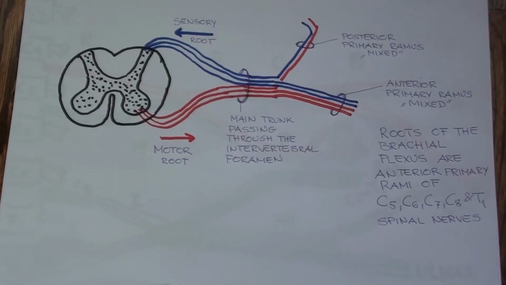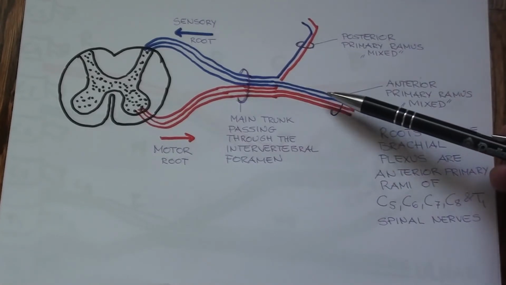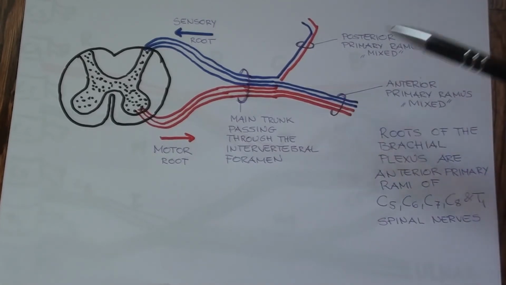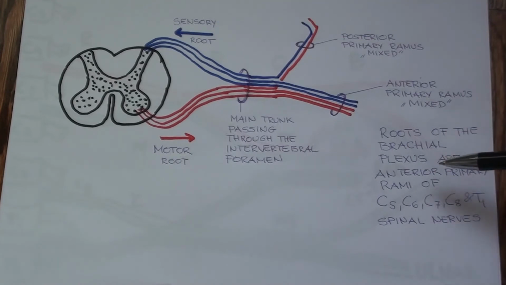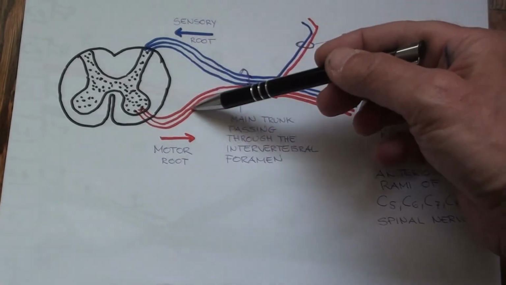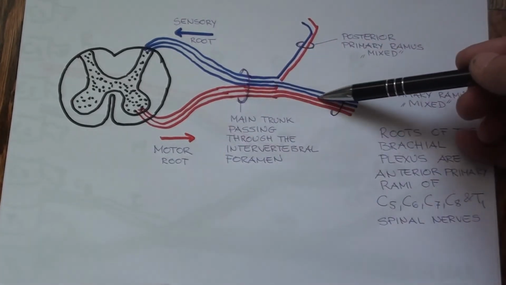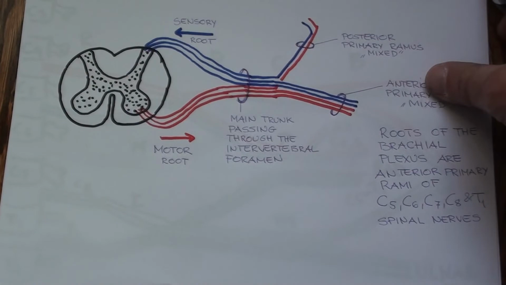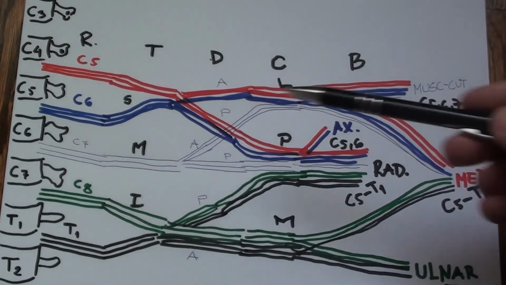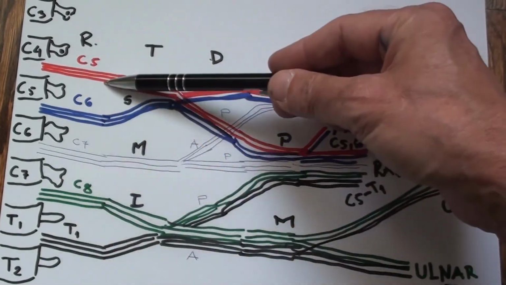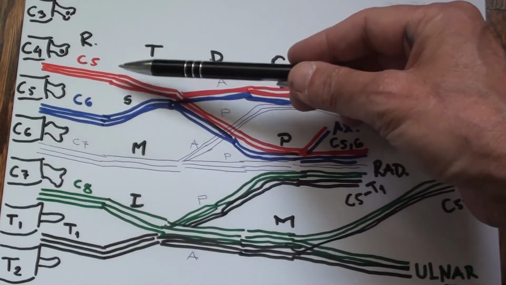Both rami are mixed as they are composed of sensory and motor fibers, and the whole purpose of this exercise was just to confirm it is the anterior primary ramus of nerves C5, C6, C7, C8, T1 that are considered to be roots of the brachial plexus, not motor or sensory roots of a spinal nerve, but rather roots of the brachial plexus.